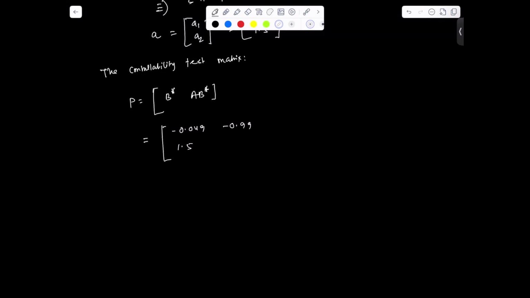1.5 and minus 0.21. Sorry, here at A B star, this term we are finding here, into B star we already have 0.003 minus 0.028, right? And this is found to be 0.02, 0.01.